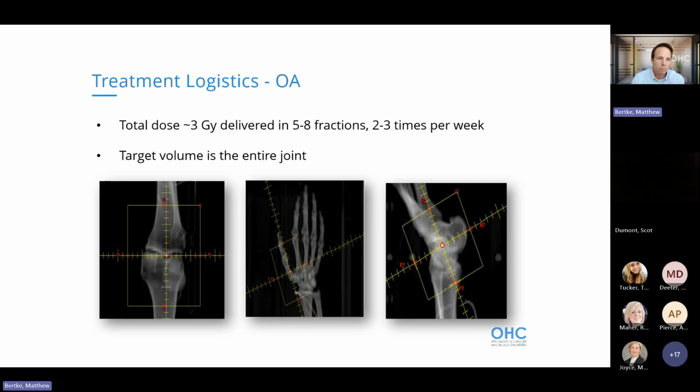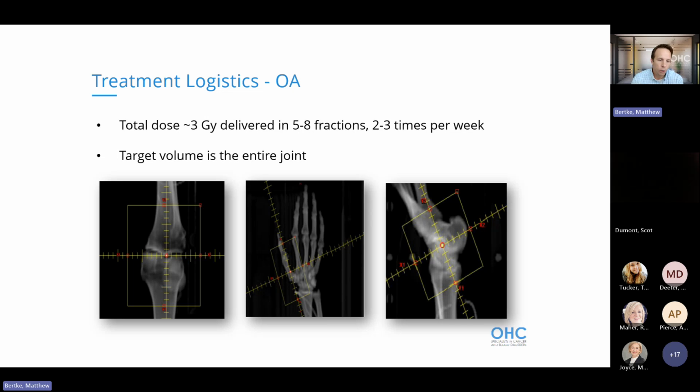So we deliver 3 gray, which, knowing something about radiation, traditional radiation for prostate cancer is about 80 gray. So it's much, much, much less radiation than traditional radiation treatments. Typically, we're delivering them in between 5 and 8 treatments over the course of 2 to 3 weeks.